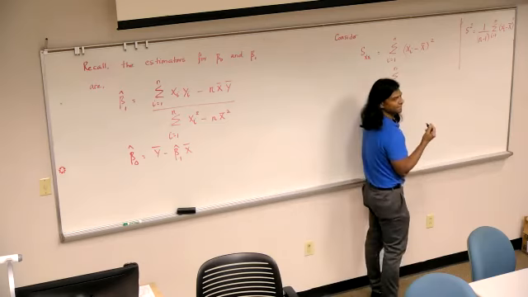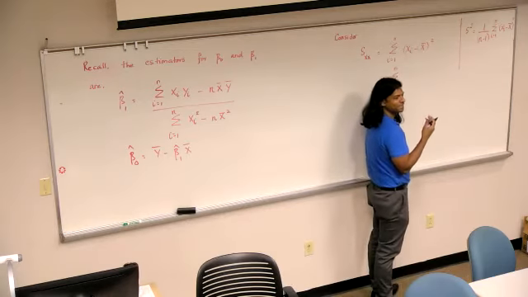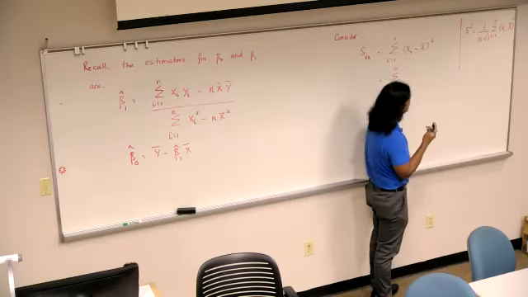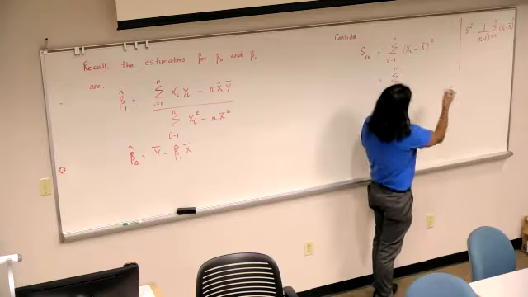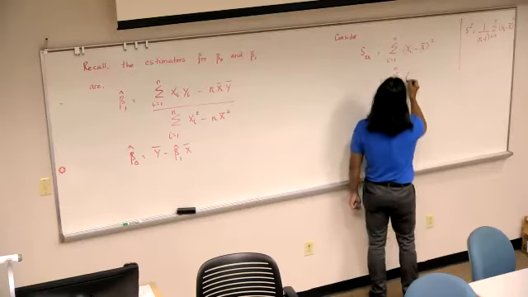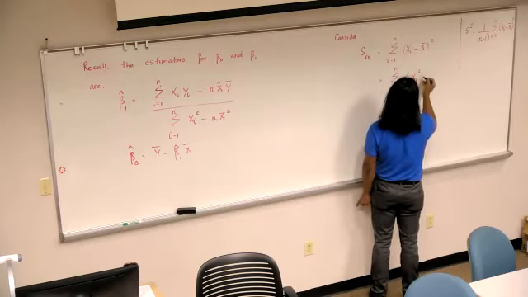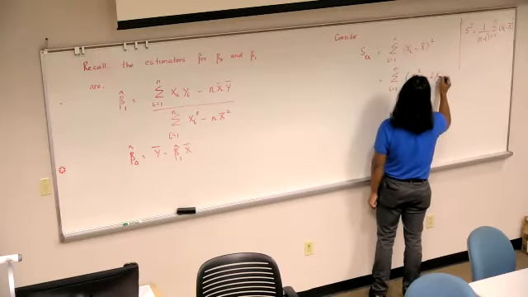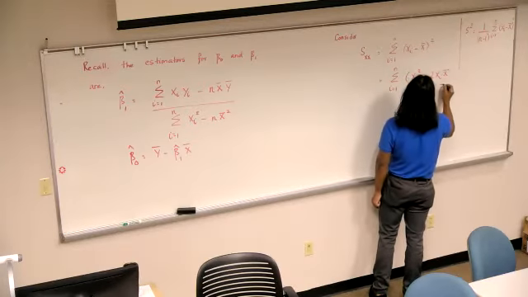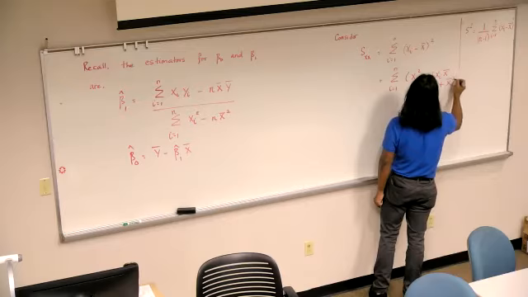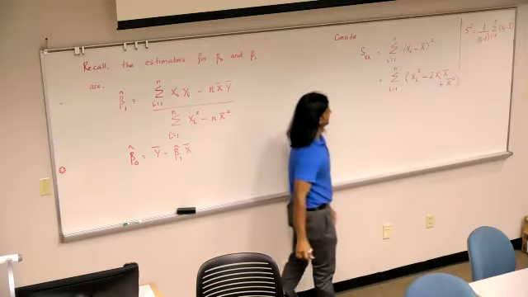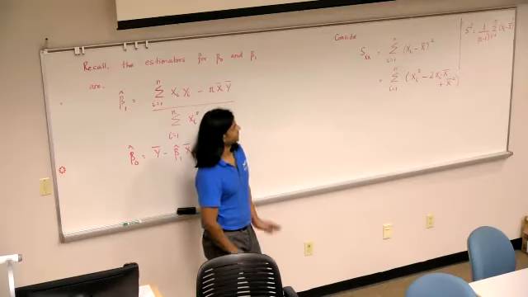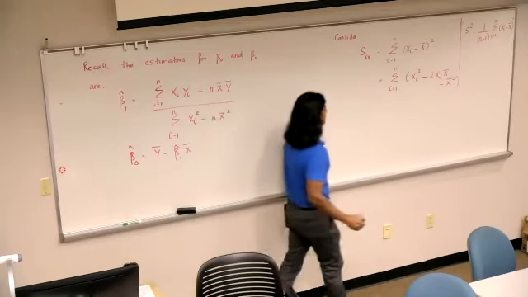So we're going to FOIL. If you FOIL, you get xi squared minus 2 xi x bar plus x bar squared. Distribute the sum.